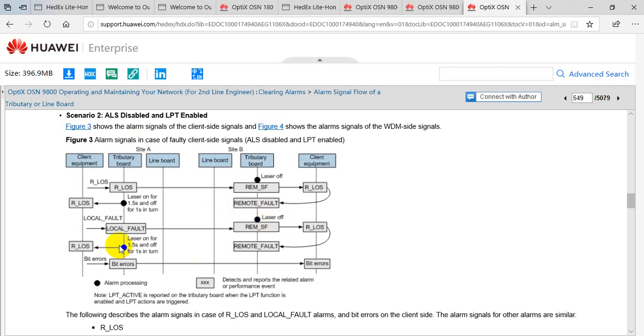The upstream direction will remain intact, which we will cover. So this is the part of the scenario where LPT is enabled and the issue is between client and site. So this can happen on this side too, and the result will go just reverse.